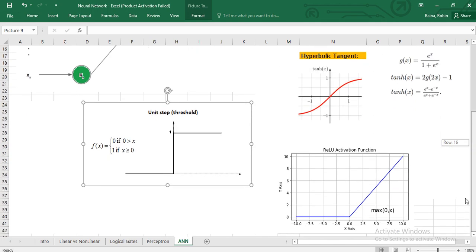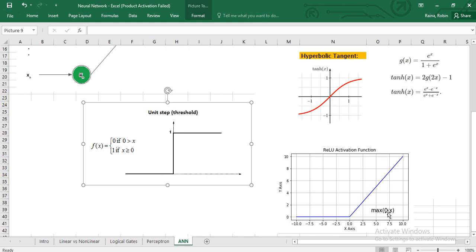Then we have one more function called ReLU activation function. This is one of the most important and widely used activation functions. It has a lot of benefits. It allows the values which are positive and negative values are not passed at all. If you see, all the negative values are negated and it just considers it 0 only, and all the positive values are considered.